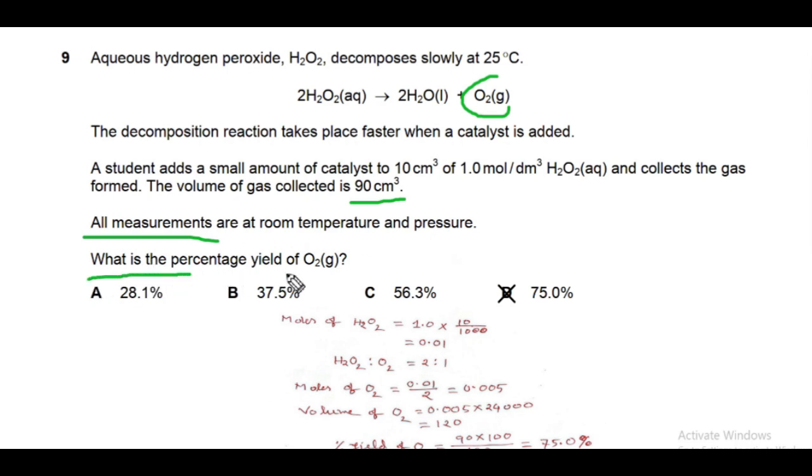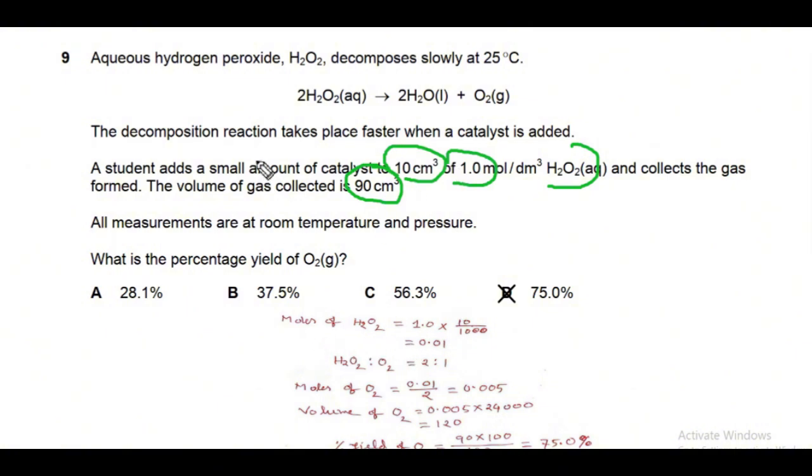What is the percentage yield of oxygen? The actual volume is given: 90 cm³. The hydrogen peroxide volume is given as 10 cm³, and the concentration is given as 1 mol/dm³.